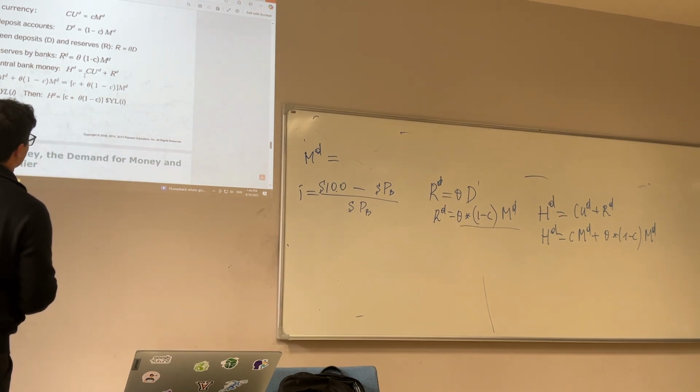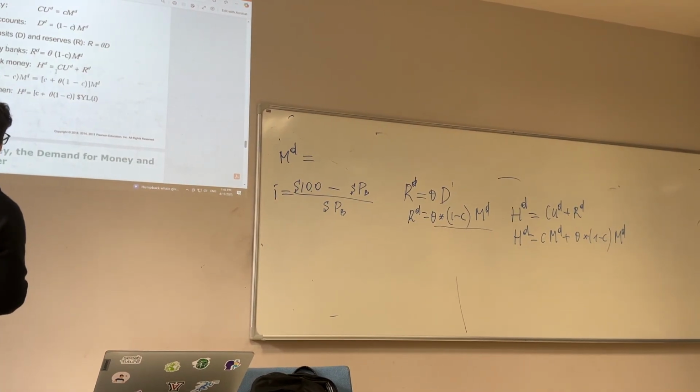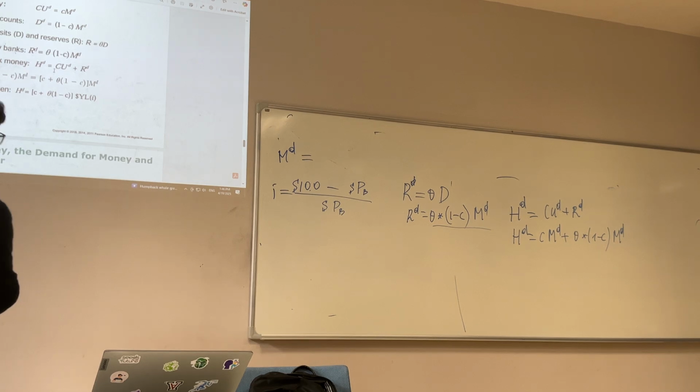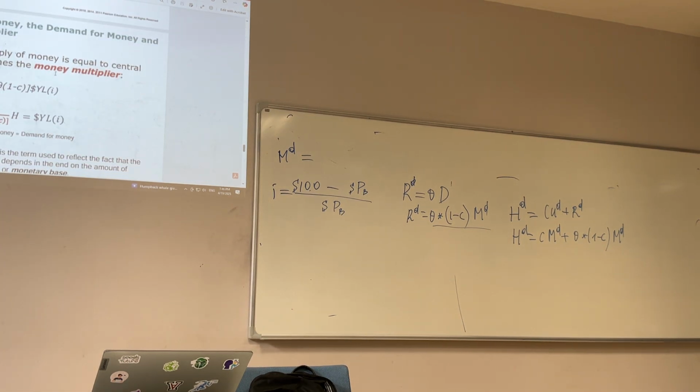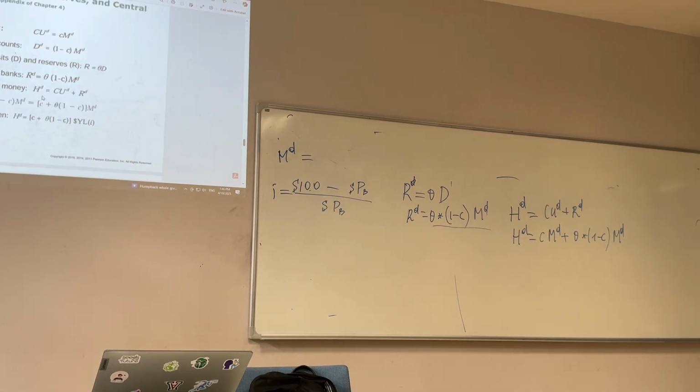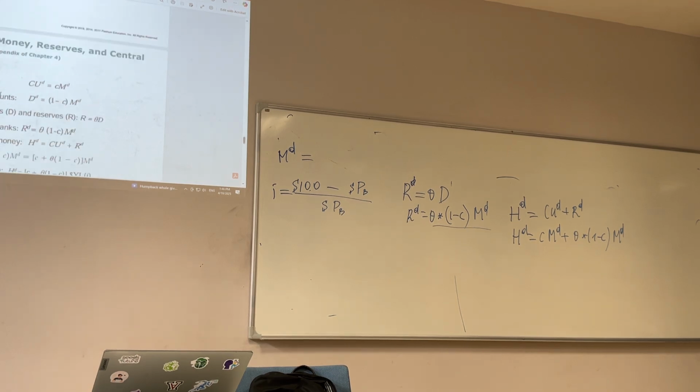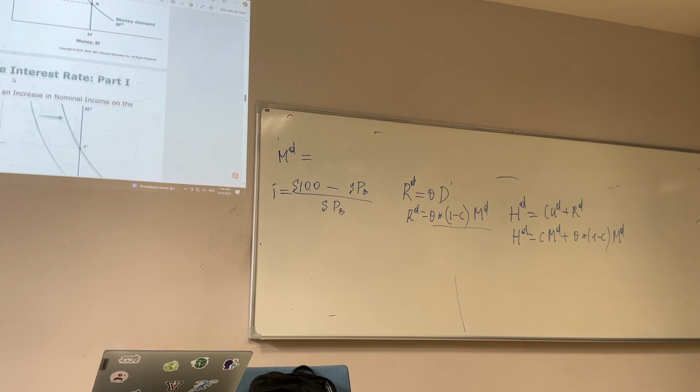Then there again, I think they find autonomous spending, or what's it called here? Money multiplier. They're finding the money multiplier. What is YL? So here you can see YL. Just a second.